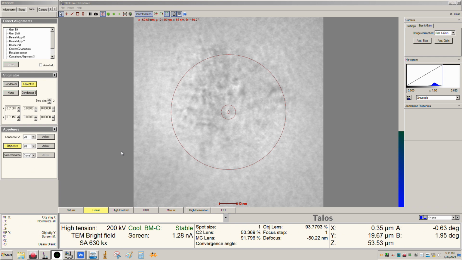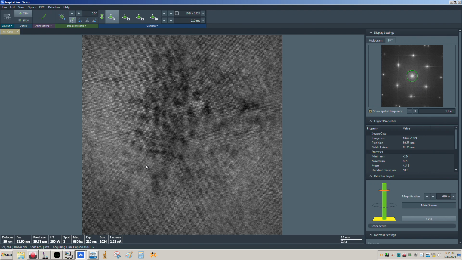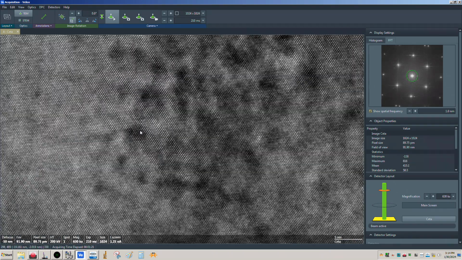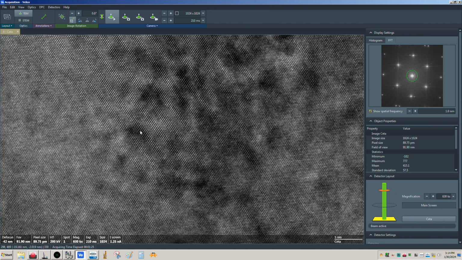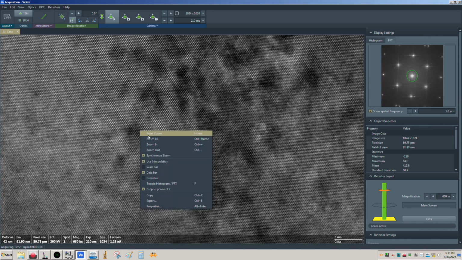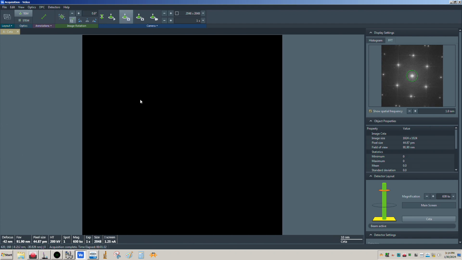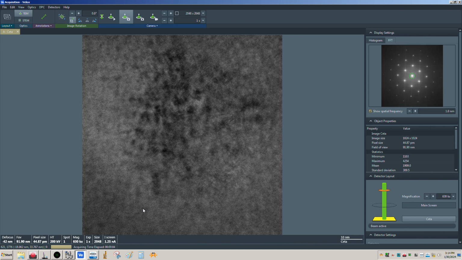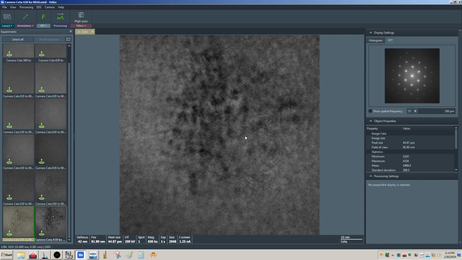All right, let me take a look again. Yep, and there we go. So we can really see the effect there. This was actually more robust than I thought it would be.